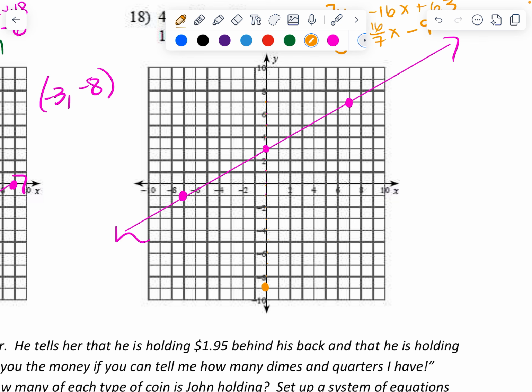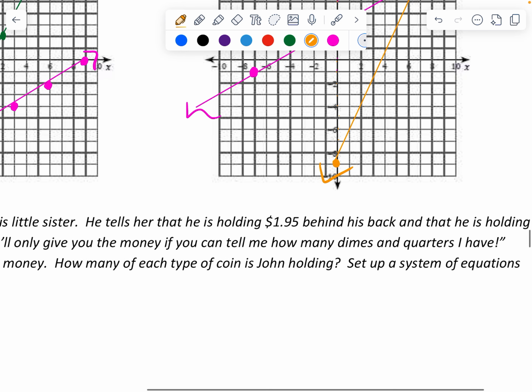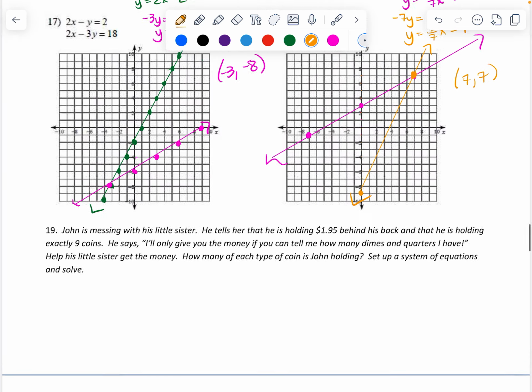And I'm going to go to the right 7. So over here to 7. So they run into each other at 7, 7. Sorry, I can't get it to there.